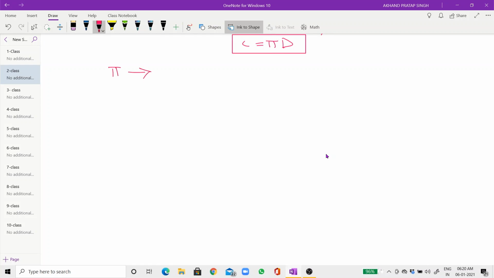Pi is nothing but, from circumference is equal to pi into d, if we take d to this side, pi is nothing but c upon d. What is c? So pi is equal to circumference upon diameter.